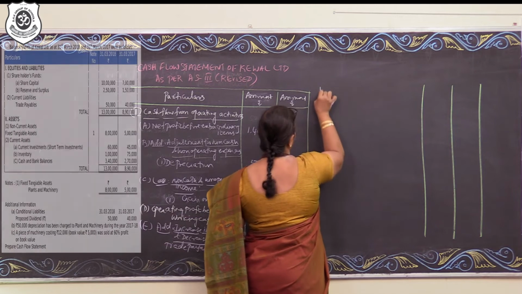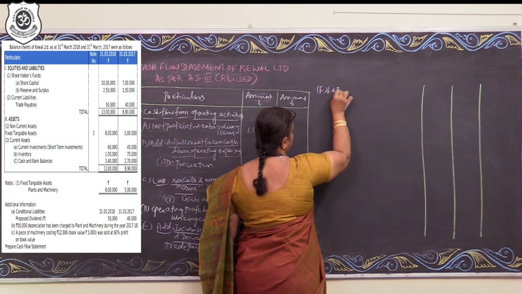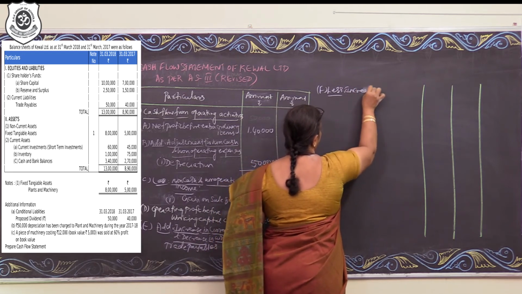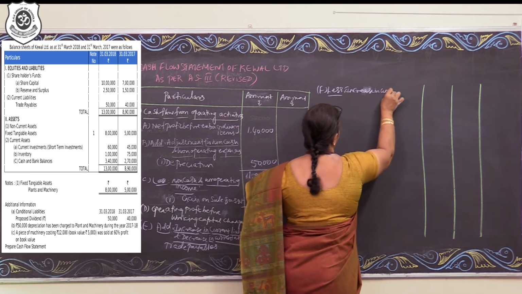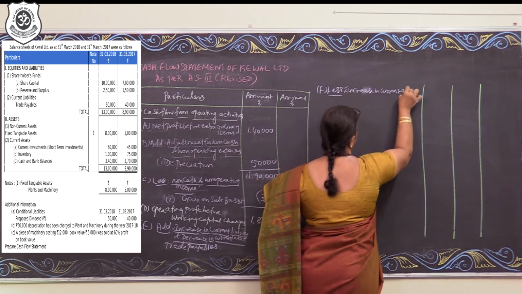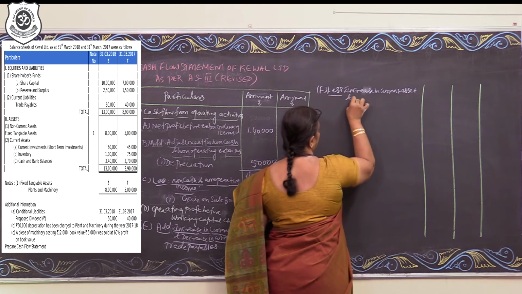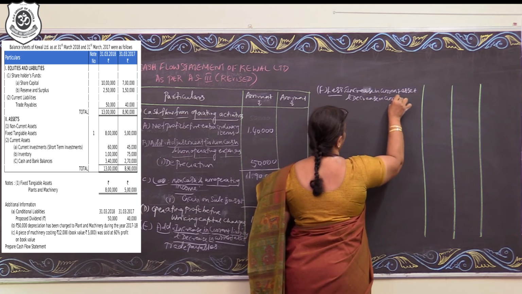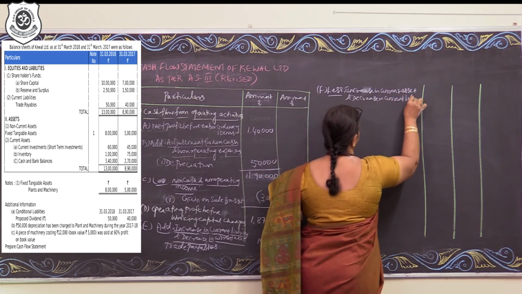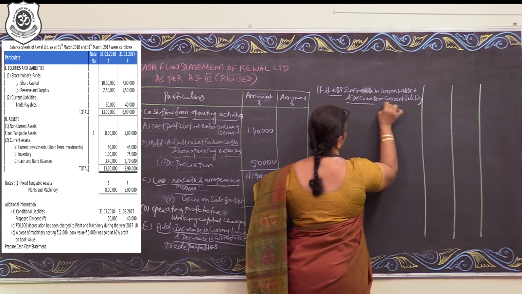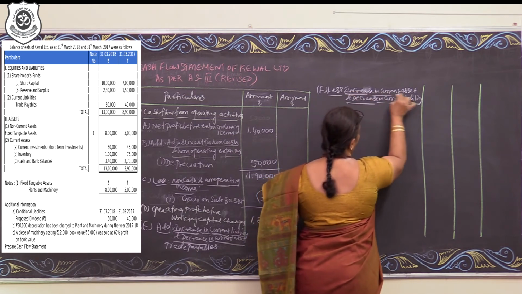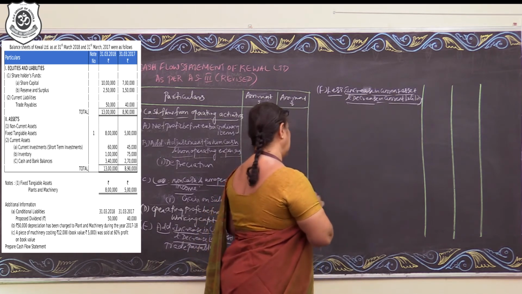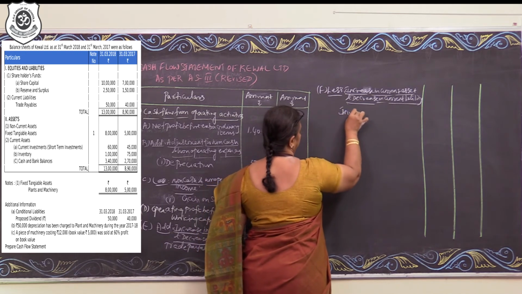So, now E is over. F, less increase in current asset and decrease in current liability. In this, we have no current liability decreasing, but one current asset increasing, which is inventory.